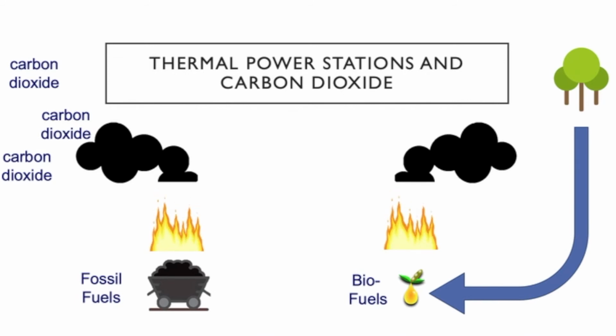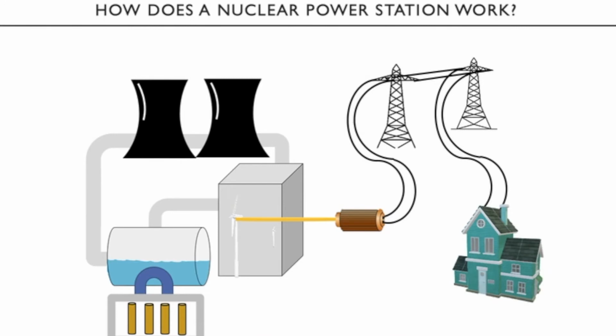There is another way, and that's in a nuclear power station. Now a nuclear power station is slightly different in that there's a nuclear reaction, and it's called fission, the one that we actually can use at the moment. So in a nuclear power station, the fission will occur, which will then cause heat, and that heat will boil up the water again.